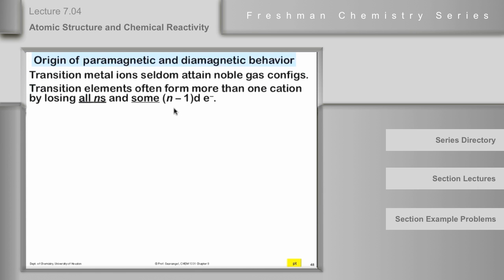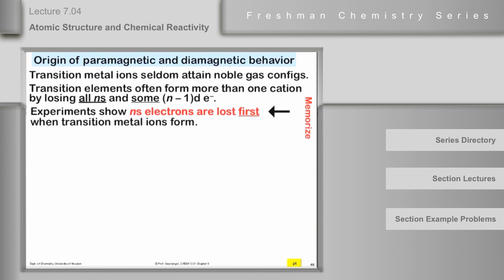All right, so what happens? When these elements form ions, they almost always, with few exceptions, lose at least 2 electrons to form M2+. And those 2 electrons that come out are the s electrons. The s electrons are lost first.